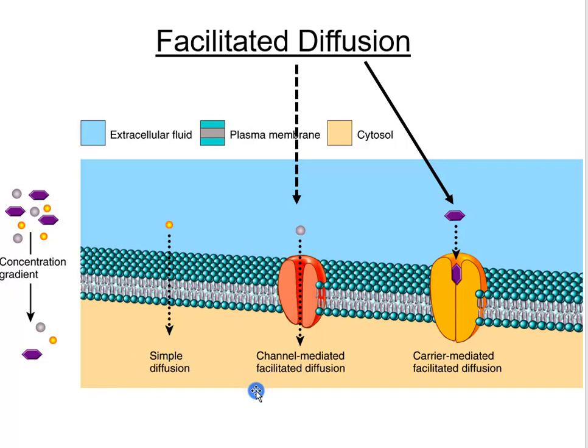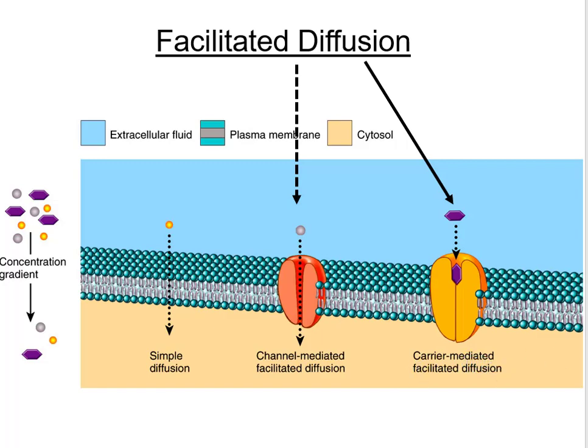So what is facilitated diffusion? Well, what we see here are a protein here and a protein right over here. This one happens to be a channel, this one happens to be a carrier, the differences of which we don't particularly care about right now. But I want you to see that in both cases, these are called facilitated diffusion. This one is channel-mediated facilitated diffusion, and this one is carrier-mediated facilitated diffusion.